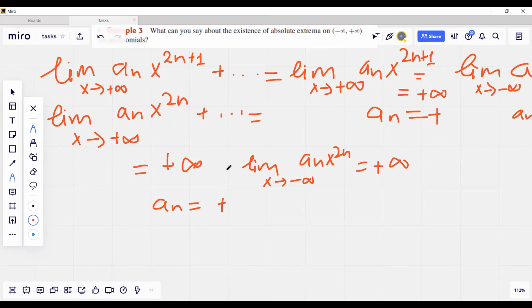So this function will not have an absolute maximum, but will have an absolute minimum.